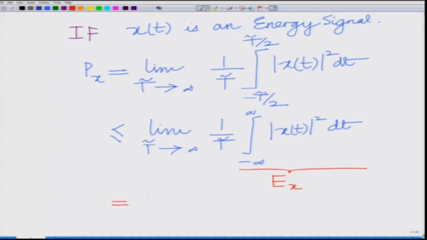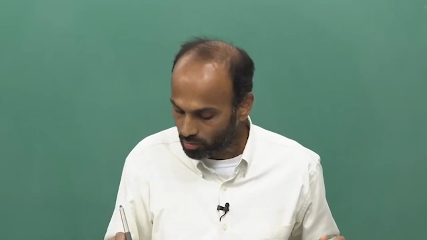Therefore, this is equal to the limit as t tilde tends to infinity of E x divided by t tilde. E x is a constant divided by t tilde which is tending to infinity, therefore E x by t tilde tends to 0.